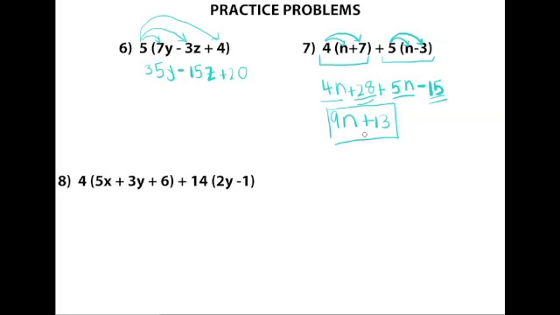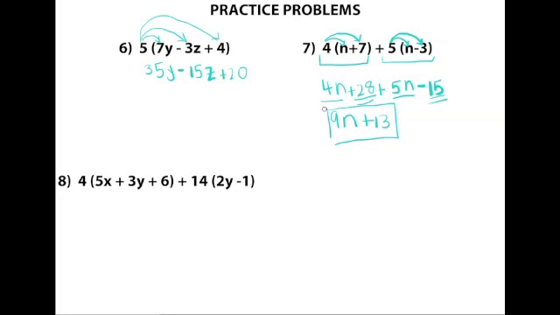Again, the 28 and the 15 are also like terms, because even though they don't have a letter, they have a commonality: they do not have a letter attached. So them both not having a letter or a variable attached qualifies them to be like terms.